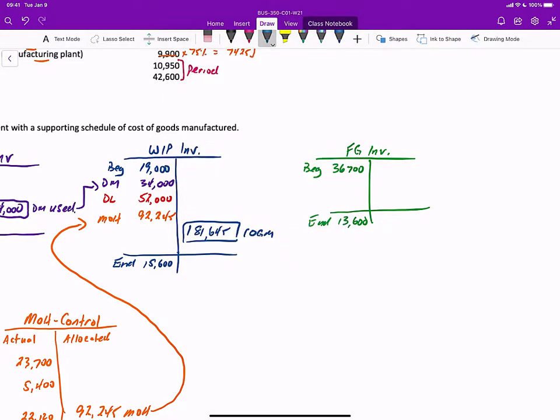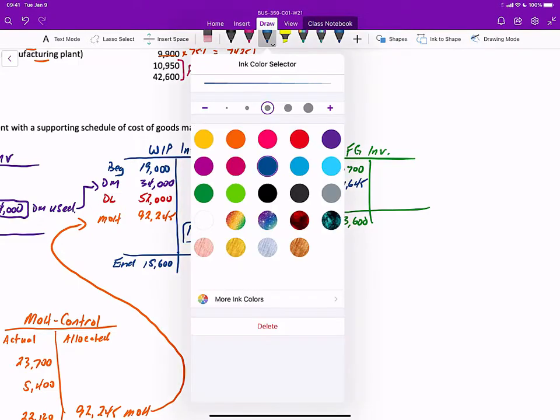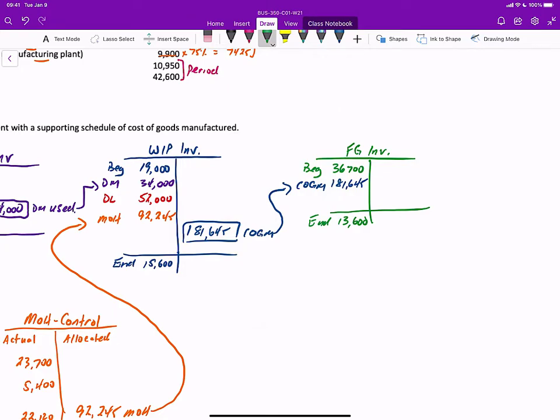And from the work in progress, we have cost of goods manufactured of 181,645. Well, again, beginning inventory of 36,700 plus the cost of goods manufactured is not equal to 13,600. We have another credit that's necessary. And so if we do the math and plug the account, 204,745 is going to be the cost of goods sold.